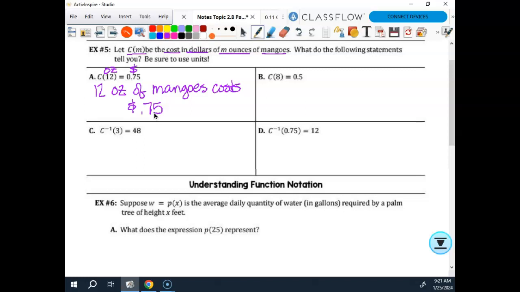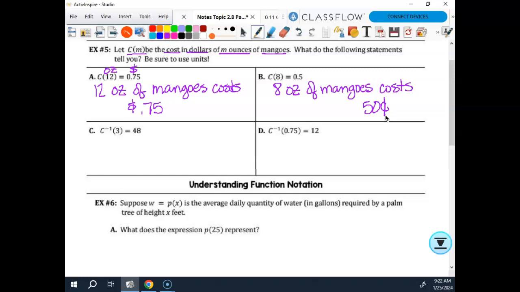What does the 8 represent? Ounces. So this would be 8 ounces of mangoes costs what? 50 cents. And writing 50 cents, I think would be okay. I mean, it does say in dollars, so I feel like we should probably put it in dollars, but really money is probably the only thing where that's okay to kind of shift that just because that's how we talk and that's what happens.